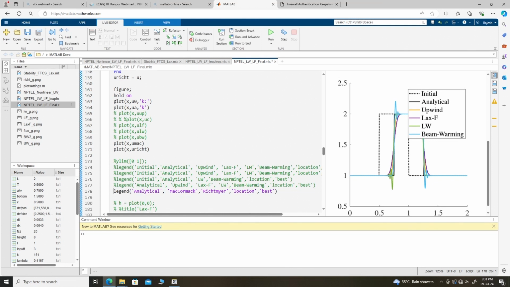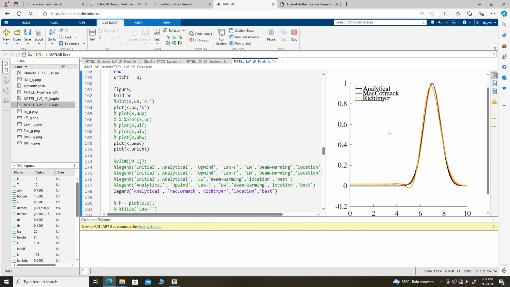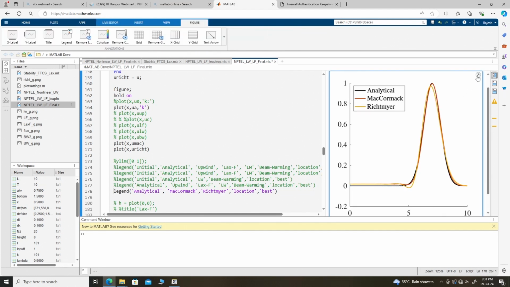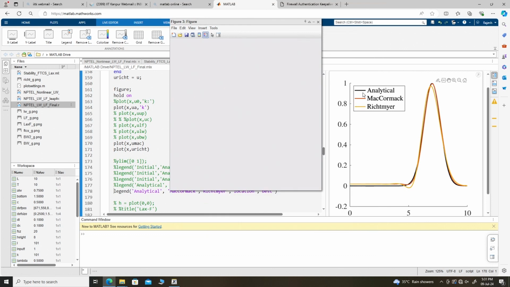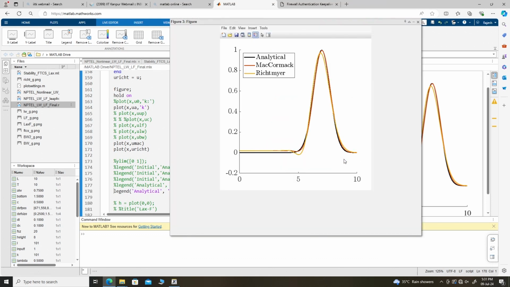Analytical. Let me close this initial profile also. I am showing you for the exponential function. So, now this is only the Richtmyer and the McCormack.